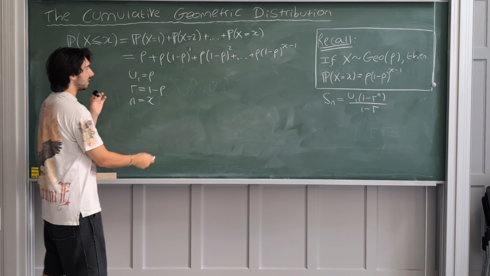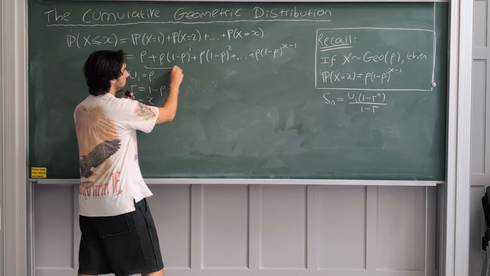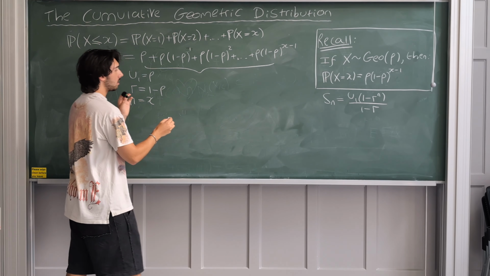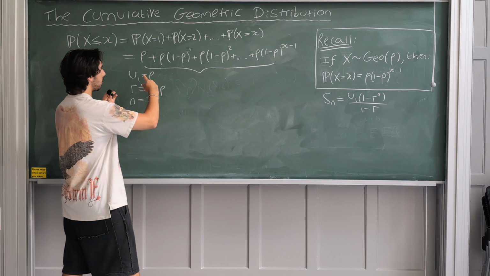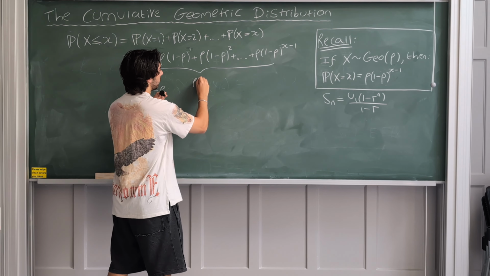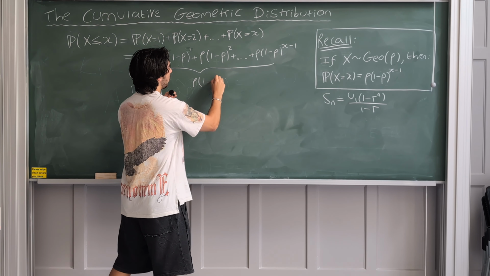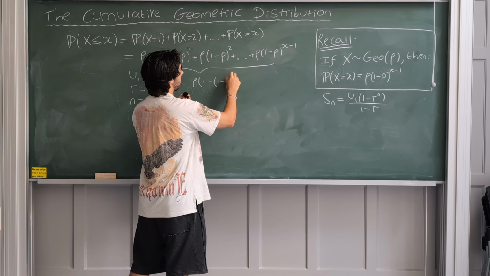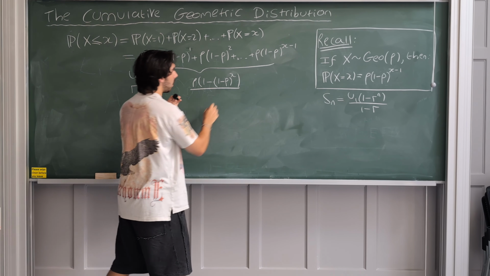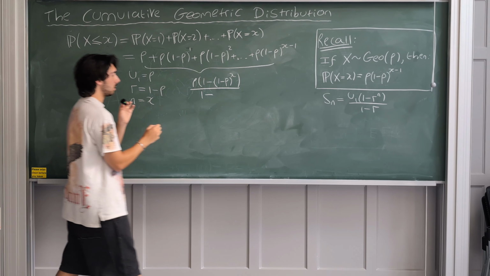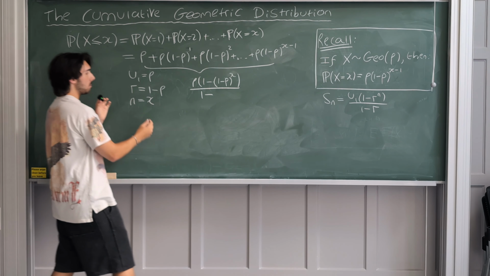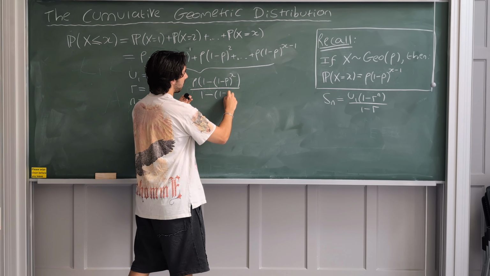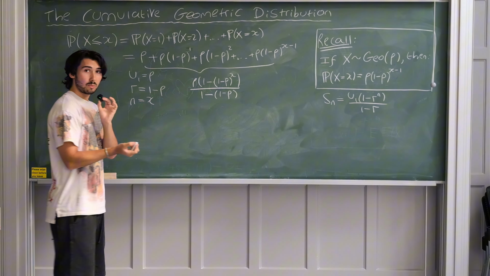So using that, all of this is going to end up being equal to u1, the first term, that's p, times (1 minus the common ratio, which is 1 minus p, to the power of x), divided by (1 minus the common ratio, which is 1 minus p). And then we just simplify it.